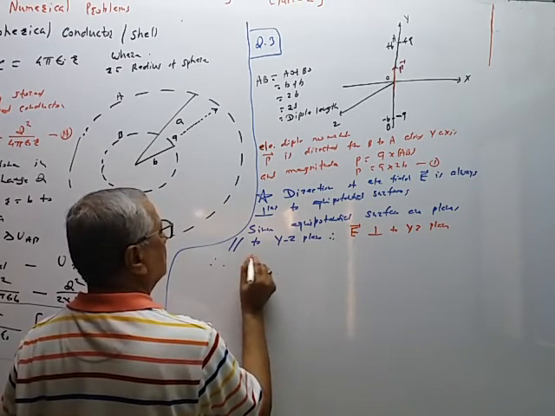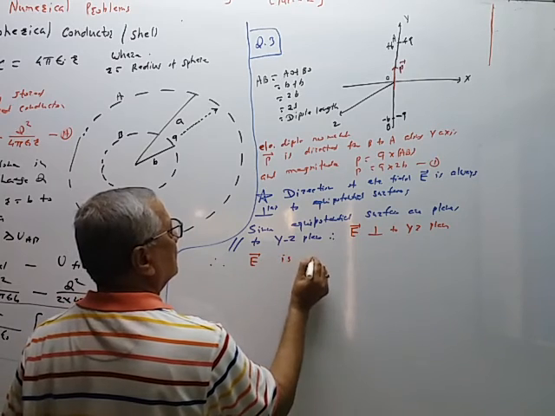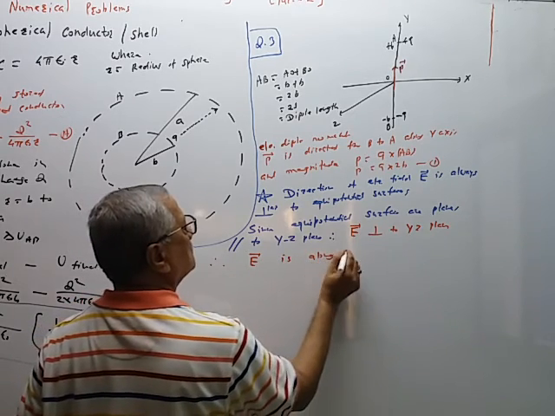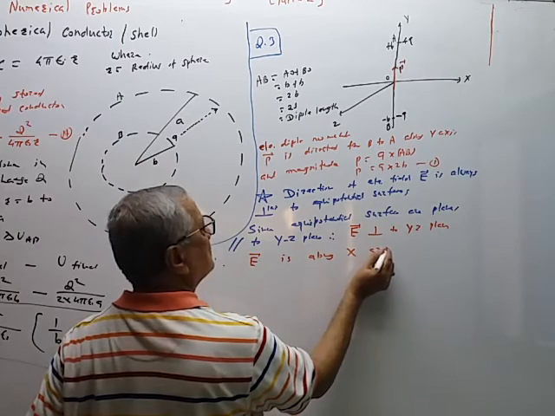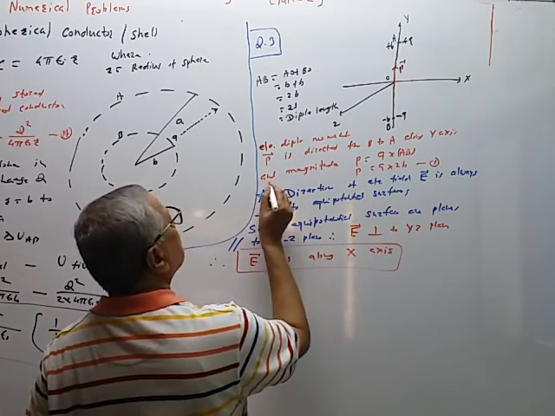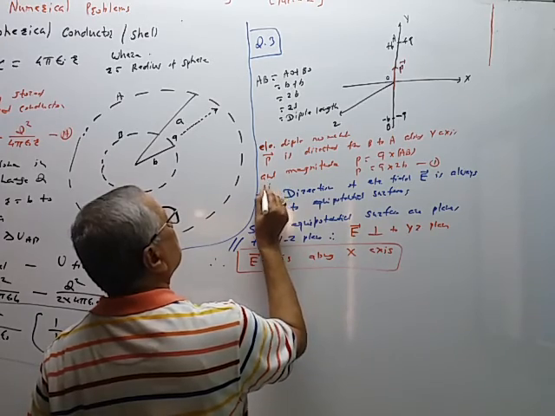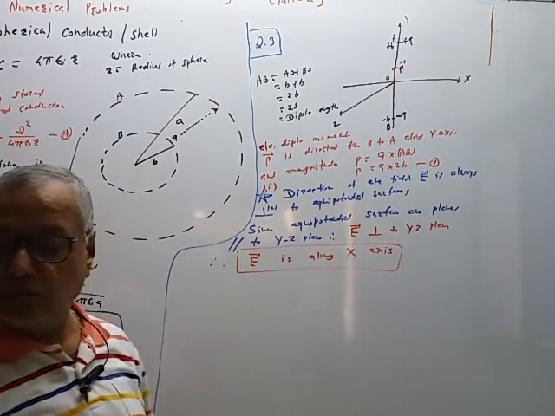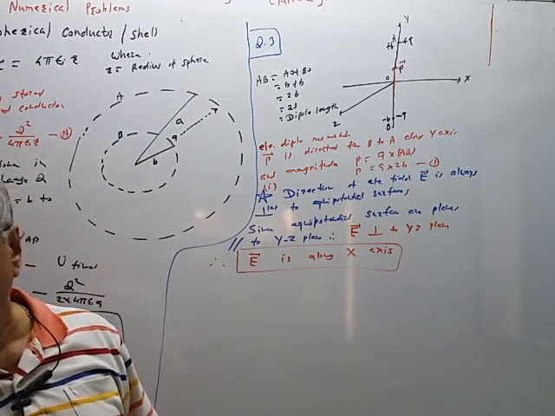Therefore, E is along the x-axis. This is the answer of the first part, A part.